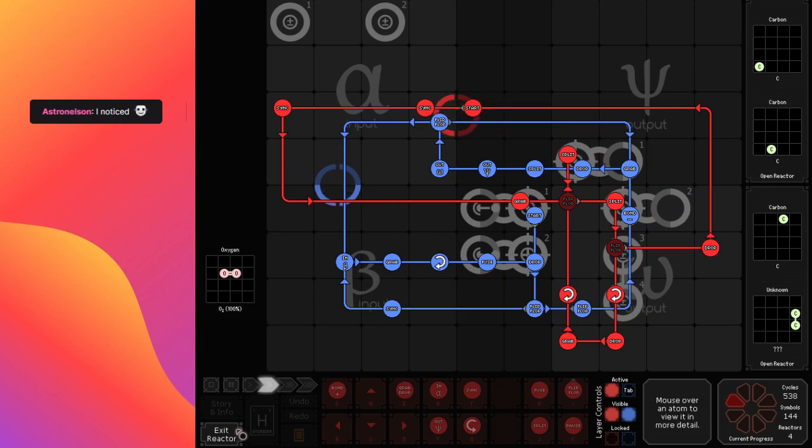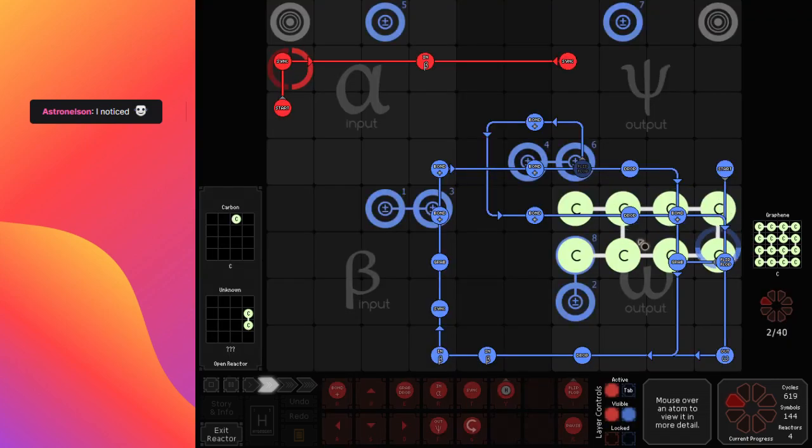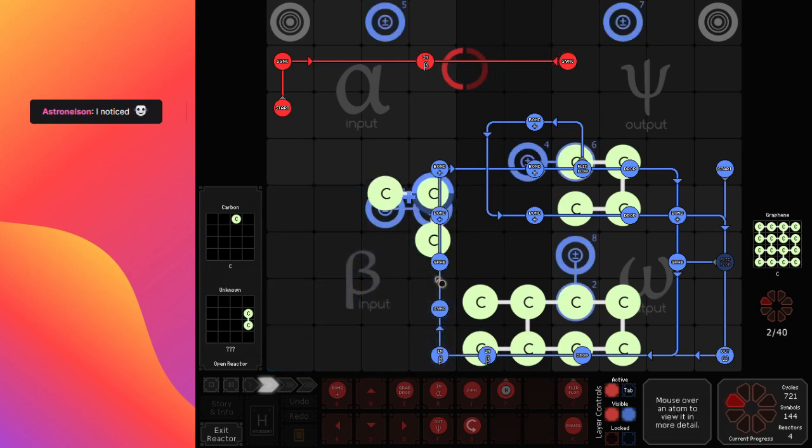Yeah. So these 2 reactors, pretty self-explanatory. Now we want to take a look at the other 2. This one is the one that makes the graphene. And this is relatively simple.